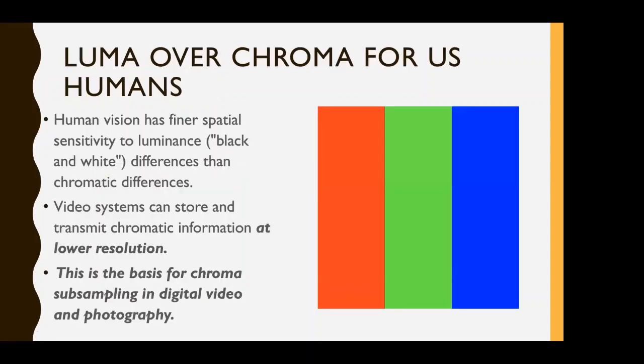Remembering that as we talk about vision, human vision has what's called a finer spatial sensitivity to luminance. And what that fancy first paragraph means is we can see black and white brightness changes better than we can see color changes. Okay? And we use that very weapon against ourselves when we talk about color and digitizing, and in fact, not even in analog, we use the same tool.